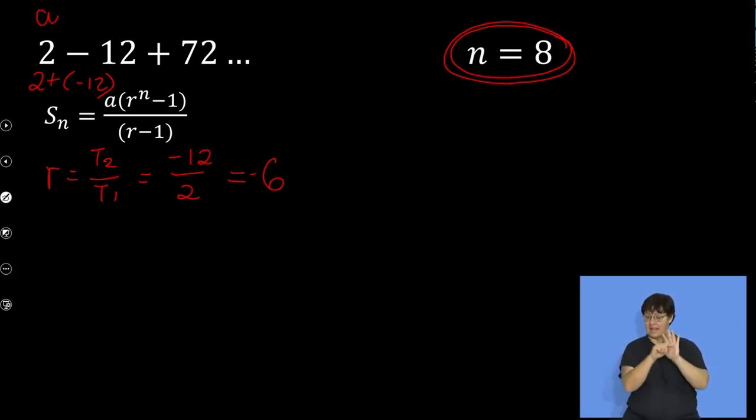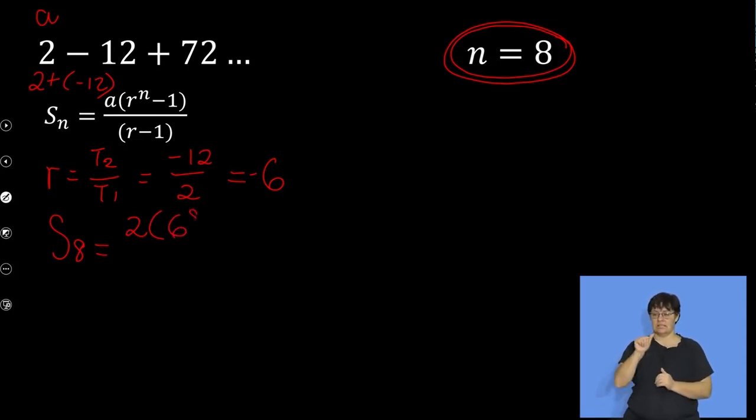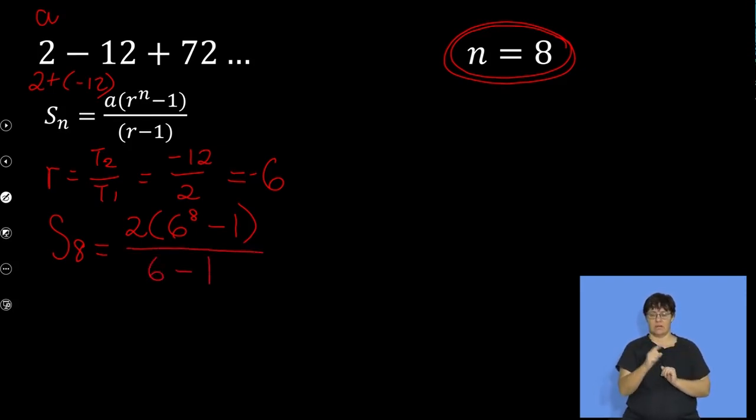Or negative 6 rather, because negative 12 over 2 is negative 6. So the sum of the first 8 terms is going to be equal to 2 times 6 to the power of 8 minus 1 over 6 minus 1. So all I've done now is I've substituted in my A, my r, and my n.